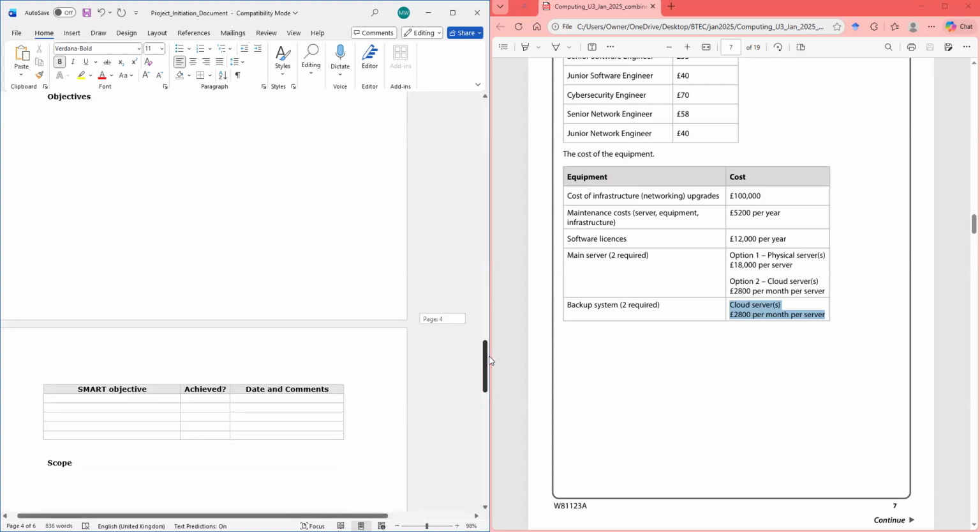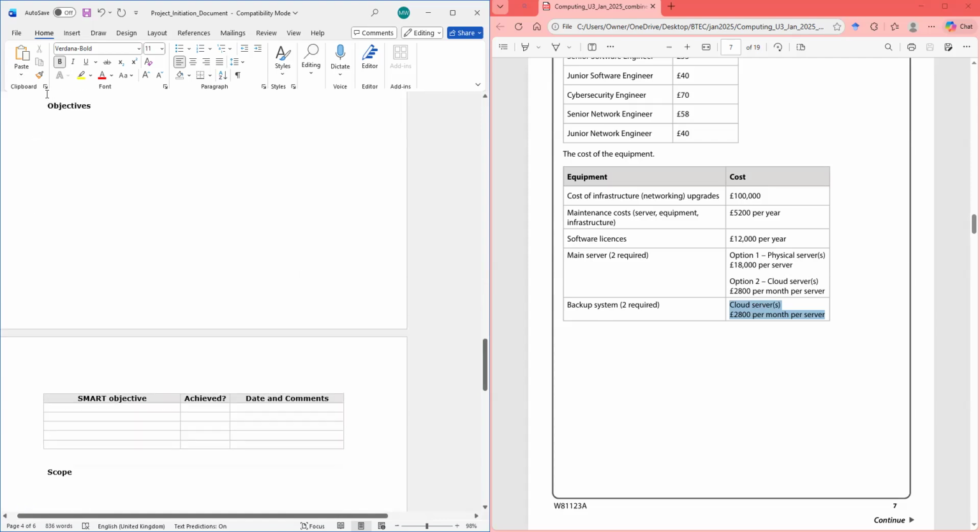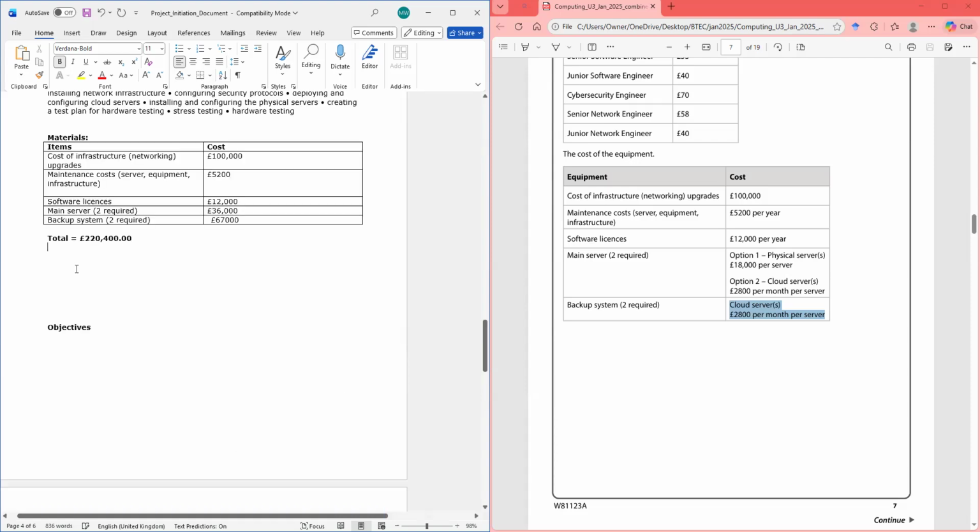All right. Now the objectives. When they say objectives, they're talking about the SMART objectives. It's just a topic. So do not do anything about it. All right.